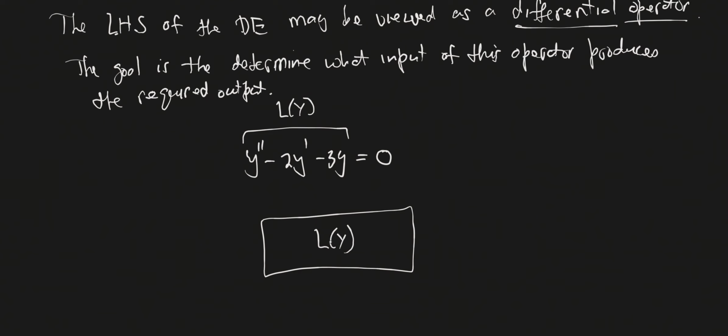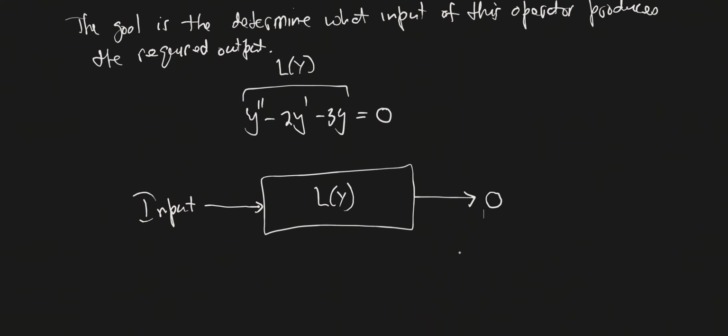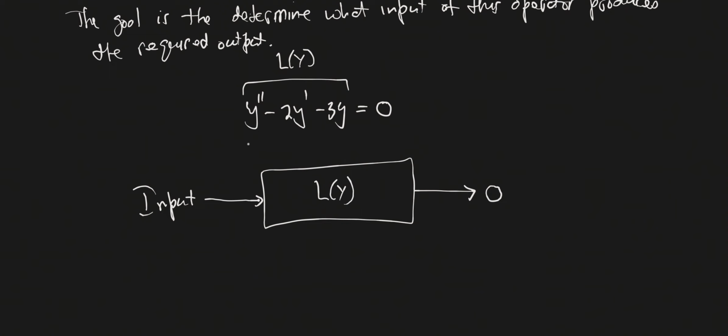So here is my differential operator, and again, from this perspective, we now would like to know what the input would have to be in order to produce a 0, right? So, in the light of some of the theory from linear algebra, when we're solving a homogeneous DE, what we're actually finding is the kernel of this differential operator.